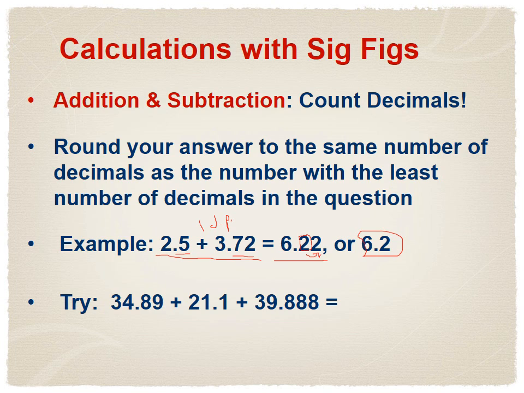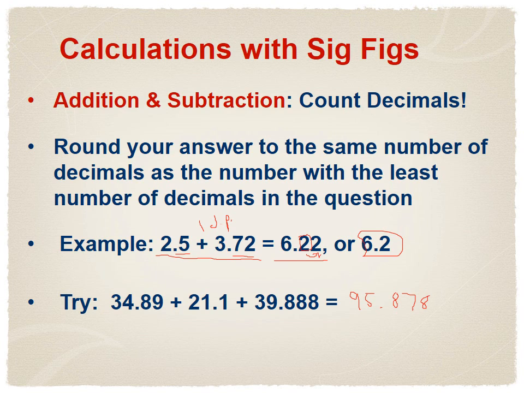So now let's try this one out. You can pause the video, try it yourself. You can do it in your calculator and then round to a proper number of decimal places. When I put this in my calculator, I get 95.878.